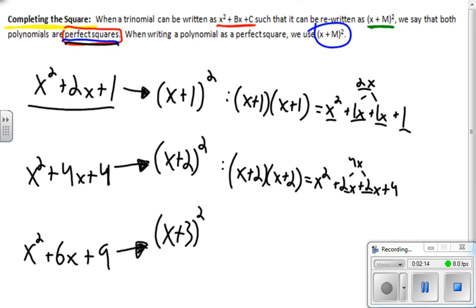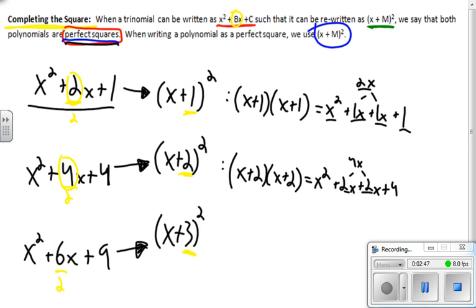Now, things that we want to notice here. Notice in each of these spots, this middle value, our b value from up here, if we take 2 divided by 2, that gives us this 1. 4 divided by 2, that's where we got the 2. 6 divided by 2 is our 3. So this middle value here, 2, 4, and 6, is just this value from over here doubled.